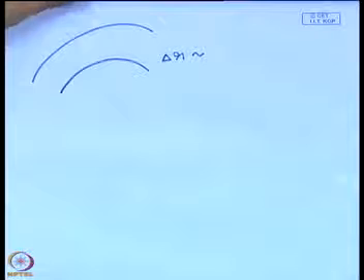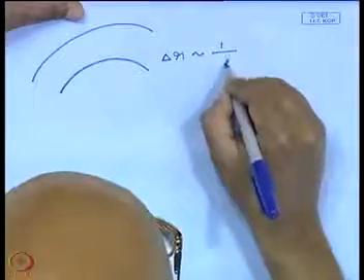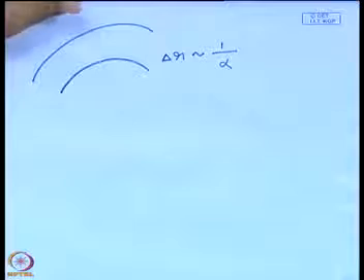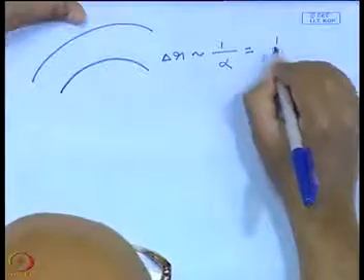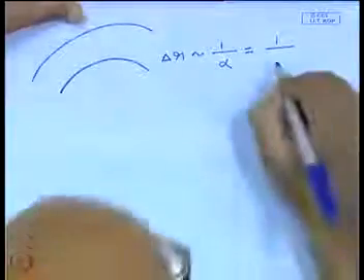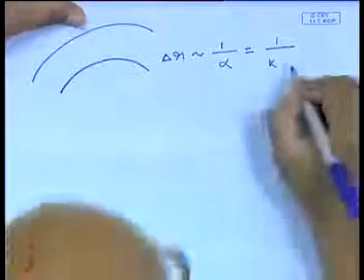We know the mean free path in any medium. The mean free path we know is 1 by the absorption coefficient alpha, or we can write it as 1 by the absorptivity or opacity times the density.